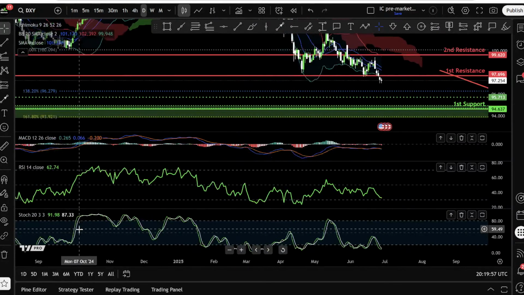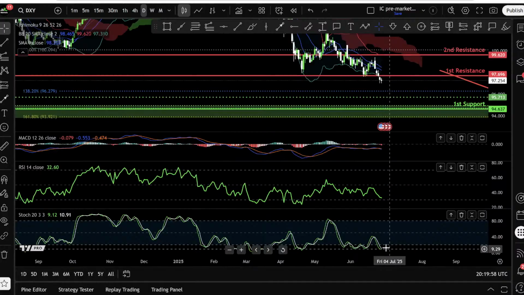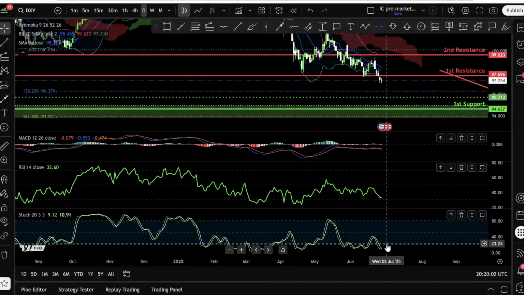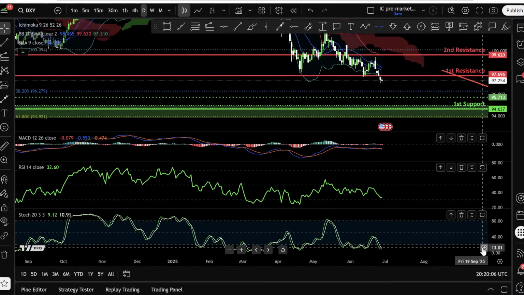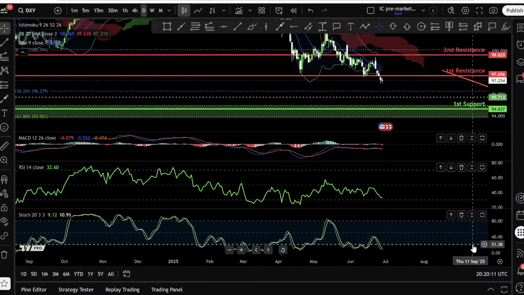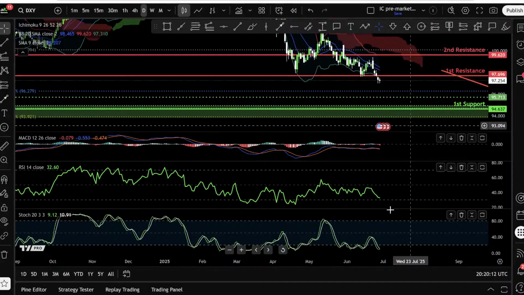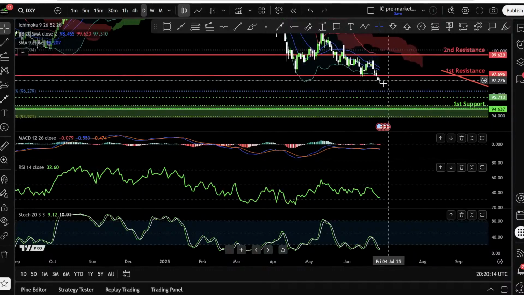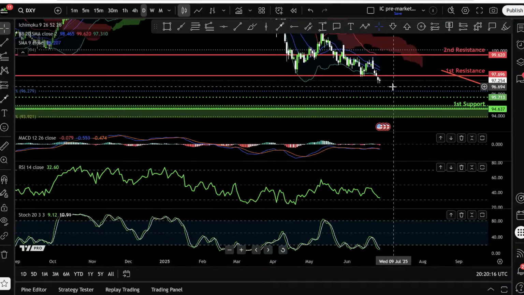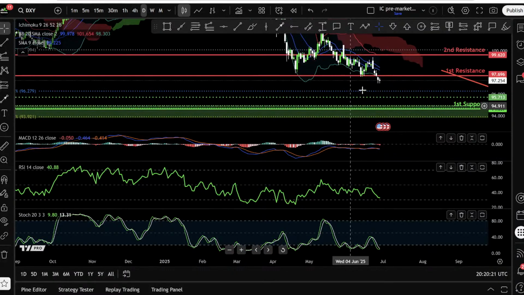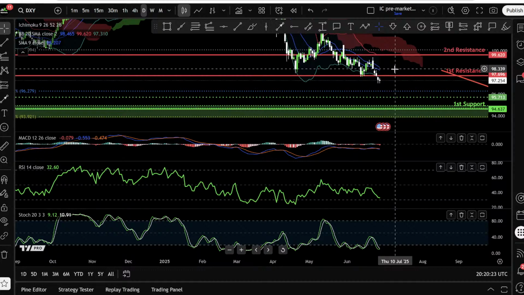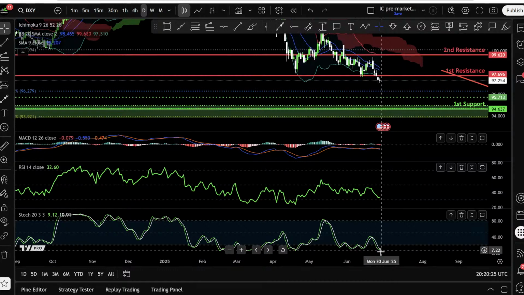But if you look at stochastic, it looks like prices have broken below that oversold level, which is basically at this 20 mark. So basically what this means is that we might see a bit of a rebound in our price, which matches with what we saw on the 4-hour time frame as well, where we saw a slight uptick in price. That could be due to this as well.